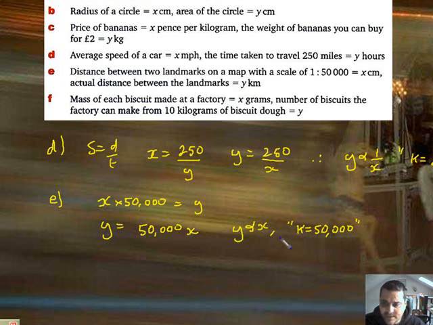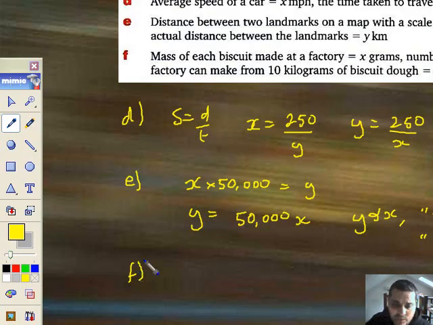Alright, now it wants it in kilometers, so let's just take a look at that. That's in centimeters. I divide by 100 to get it into meters, and then divide it by 1,000 to get it into kilometers. So therefore k is in fact going to be 0.5 kilometers, or k equals 0.5. Alright, and the last one, we're talking biscuits.